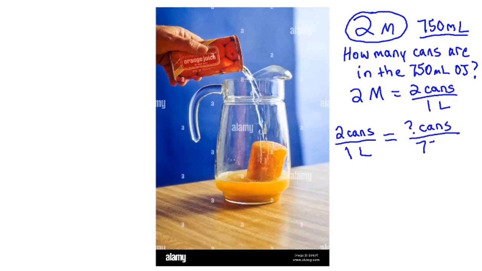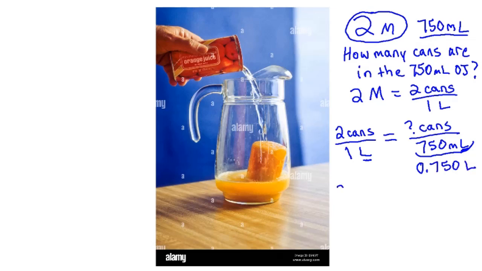are in 750 milliliters of water, well, first we need to change the 750 milliliters into liters because you have to have liters on both sides of the equal sign. They can't be 1 liter and 1 milliliter. You've got to have them both the same. So we're going to turn the 750 milliliters into 0.750 liters.